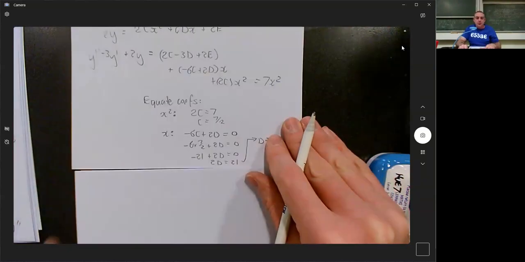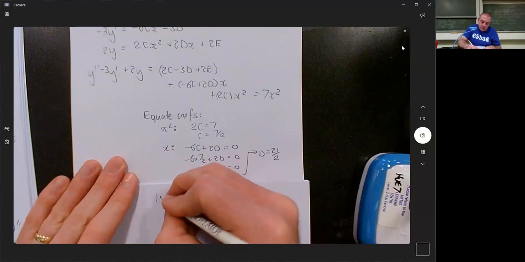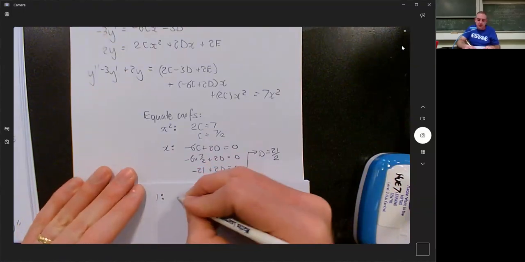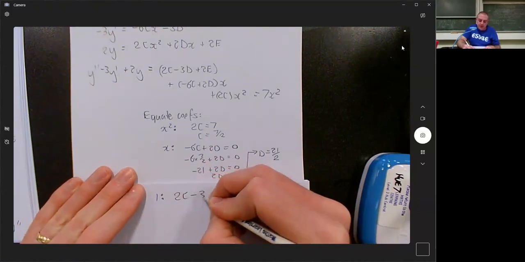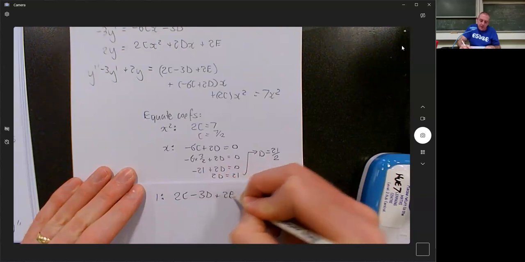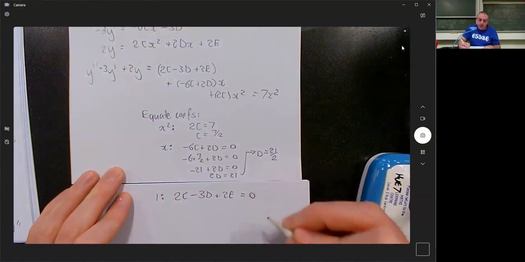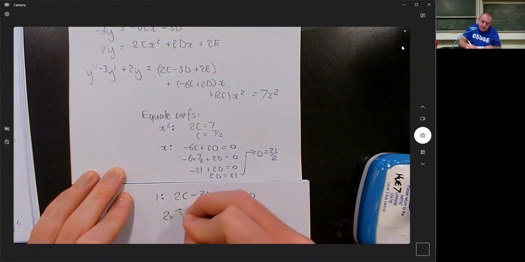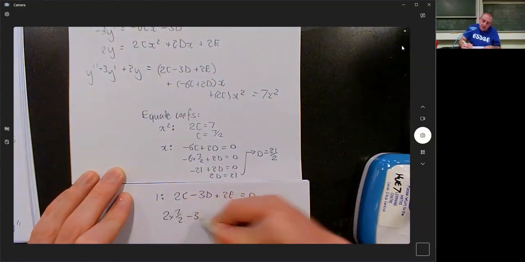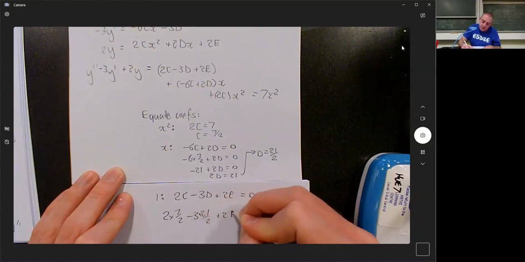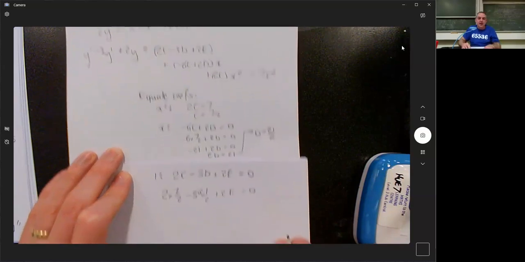And then from the constant coefficient, I've got 2c minus 3d plus 2e is supposed to be equal to 0 over here because there is no constant. But I know what c is, it's 7 over 2, and I know what d is, it's 21 over 2. And so I get an answer.